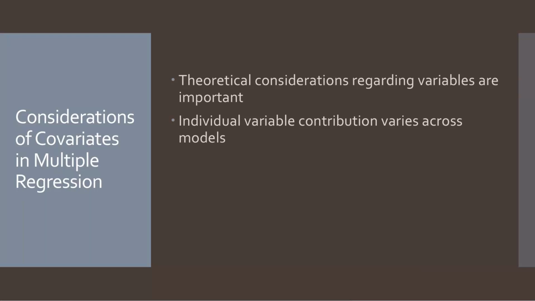Individual variable contribution will vary across models. That means that just because you see an explanatory variable that is not explaining much of the response variation in one model with certain variables, you shouldn't assume that's going to be the case if you switch to other variables.